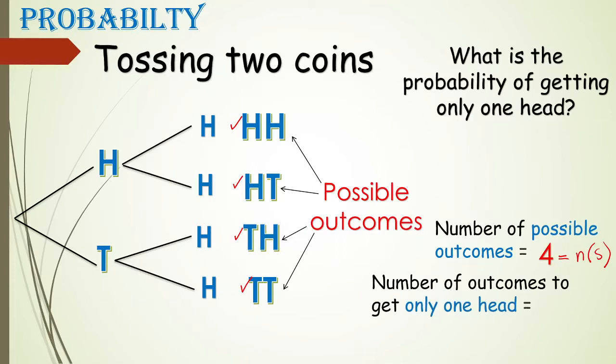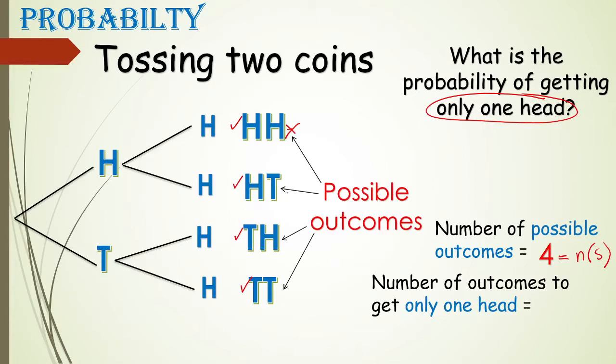What about the number of outcomes to get only one head? Because our favorable outcome is getting only one head. How many outcomes are there of getting only one head? Is this only one head? This one? That's 2 heads. That cannot be, so I'm not gonna include that in my favorable outcome.